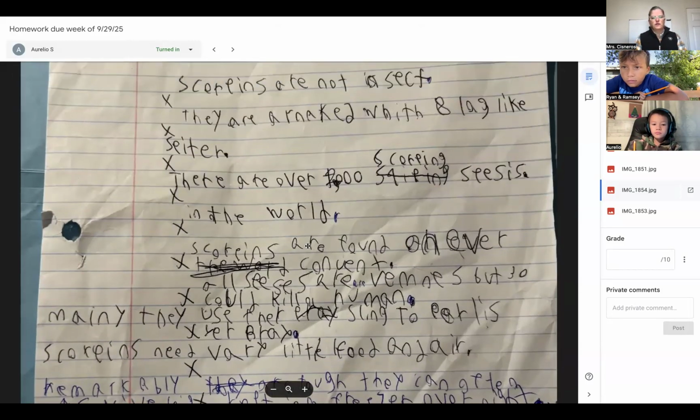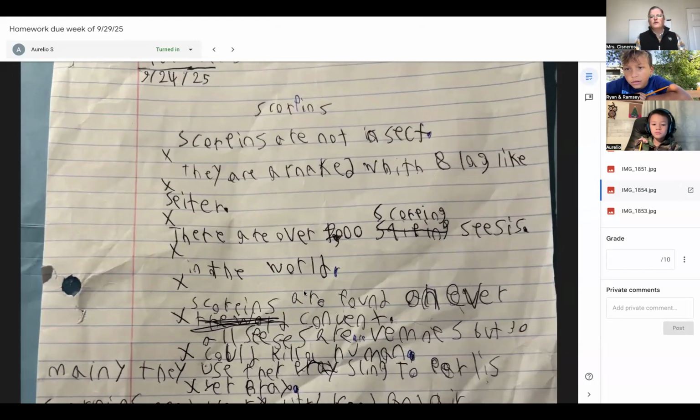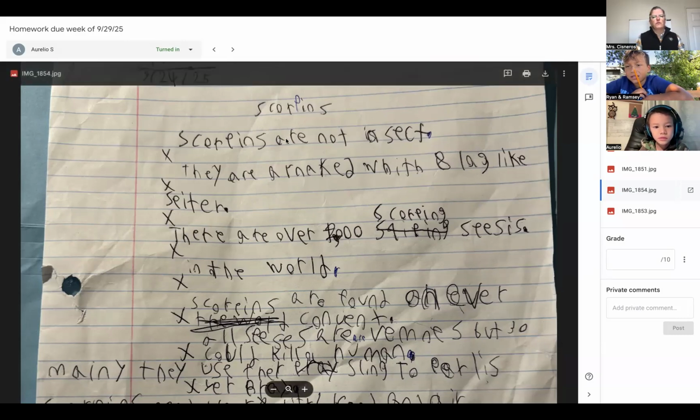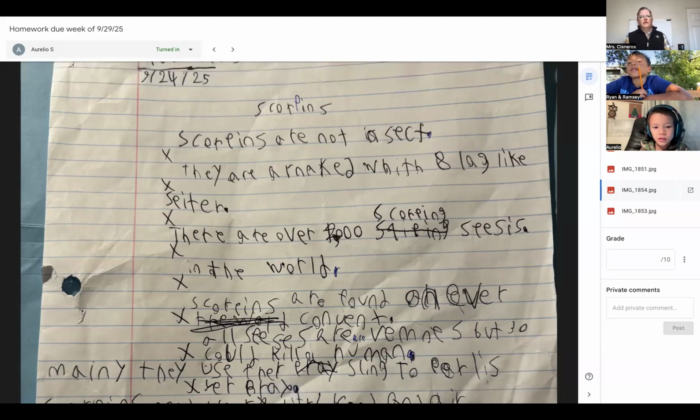All right, can you see it well enough? Let me see if I can zoom in here to actually read it to us, Oreo. Go ahead and unmute and see if you can read it. There are over 2,000... wait. You're right. Start right here where it says scorpions are not insects. Scorpions are not insects. Okay, keep going. They're arachnids with 8 legs like spiders.